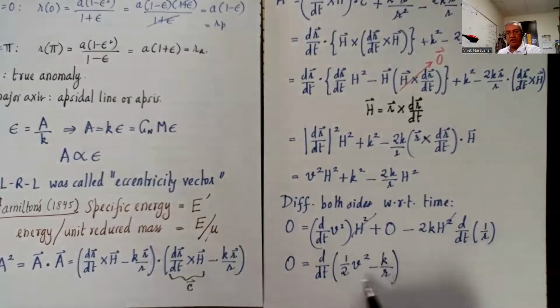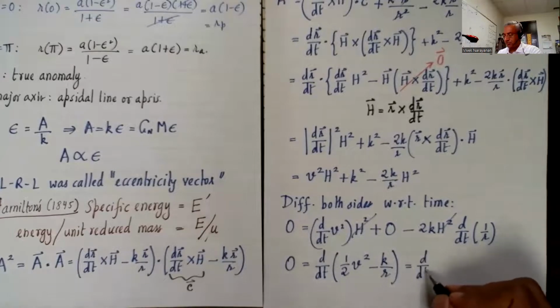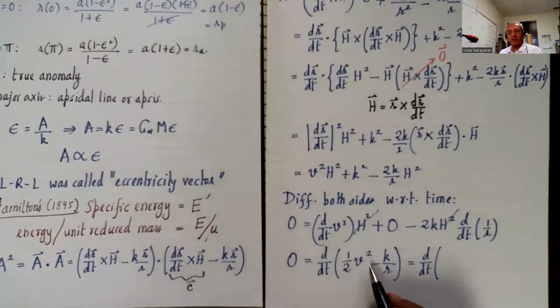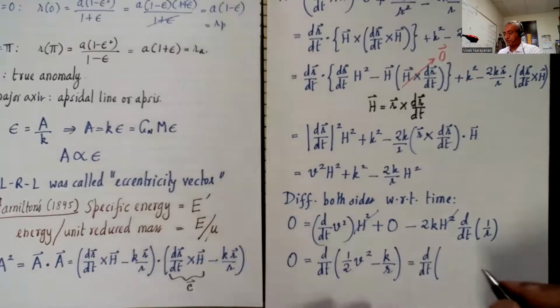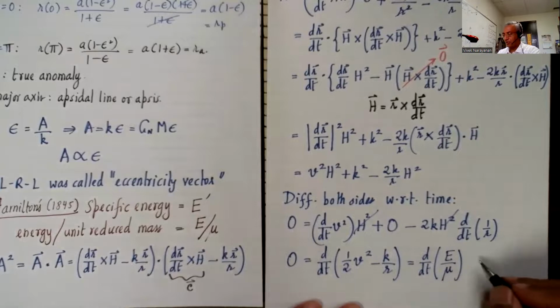Well, this quantity here is just the specific energy of the particle, because the total energy is 1/2 mu v squared minus k mu over r. So this is a specific energy. So this is E over mu, also known as E prime by our earlier definition.